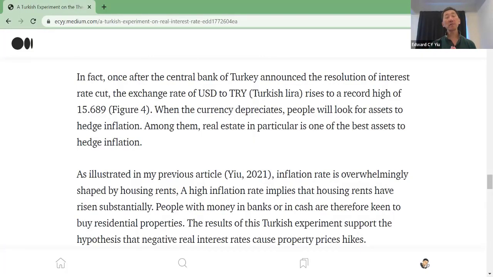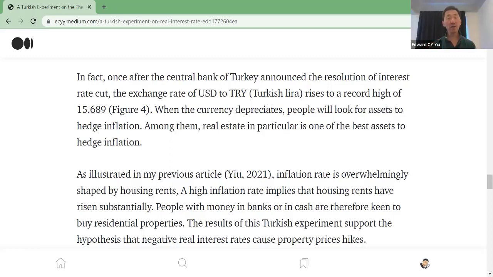So I think this is a very good experiment to test the theory of interest, to show that when people are encouraged to spend and invest rather than save, and encouraged to borrow and to buy property, it will result in such high housing prices. It's because when the inflation rate is very high, people have to find some assets to hedge inflation, to protect their wealth.